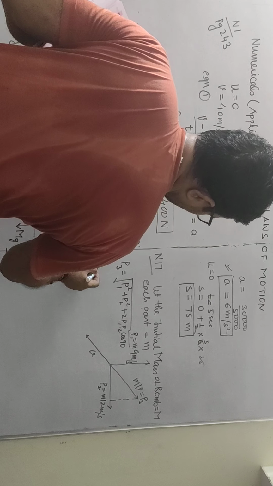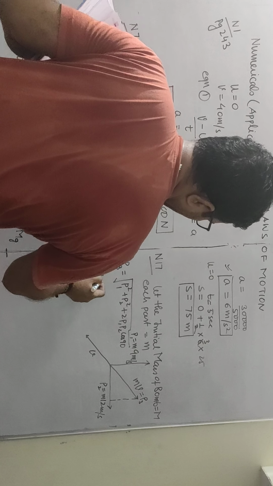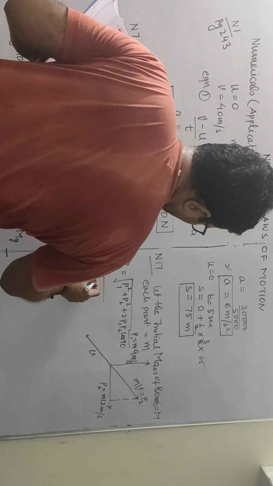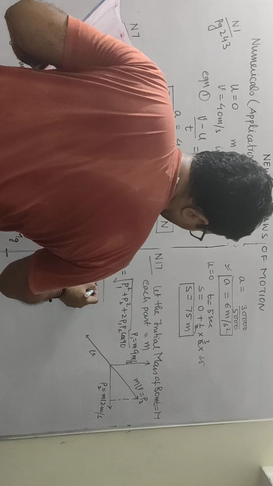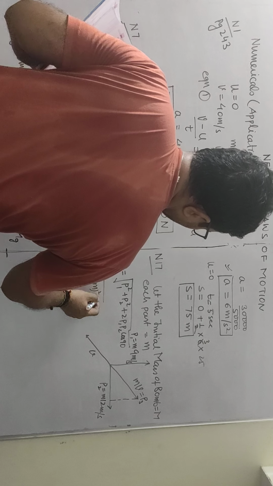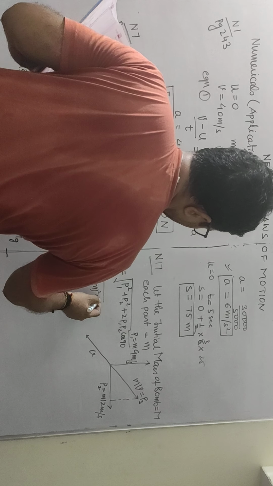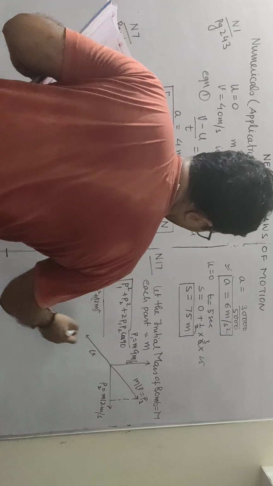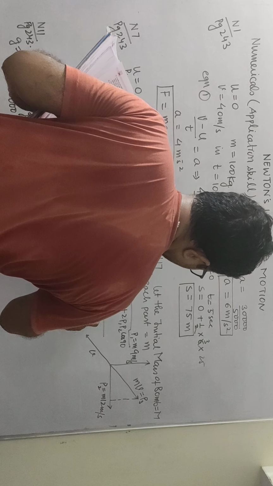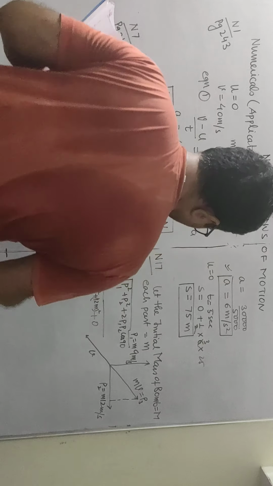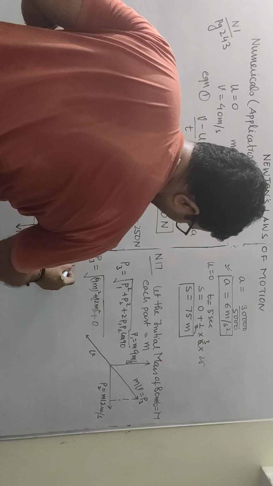So P3 is equals to the square root of 9m square plus 12m square, plus cos 90 is 0, and here you will get m into v.